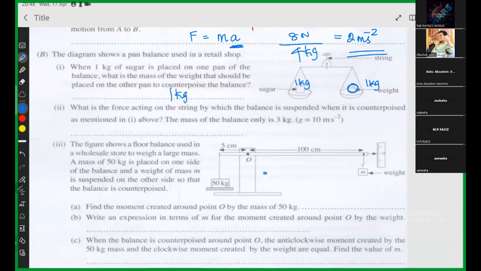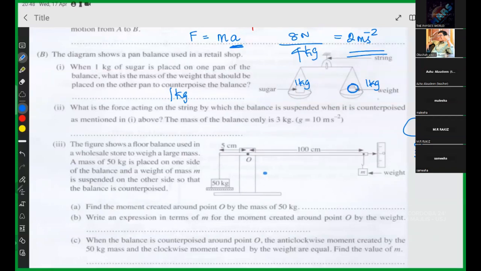Next, what is the force acting on the string by which the balance is suspended when it is counterpoised as mentioned in the first one? The mass of the balance is 3 kilograms. So what are they asking you here? The force acting on the string. Let's say the mass of the balance is 3 kilograms.